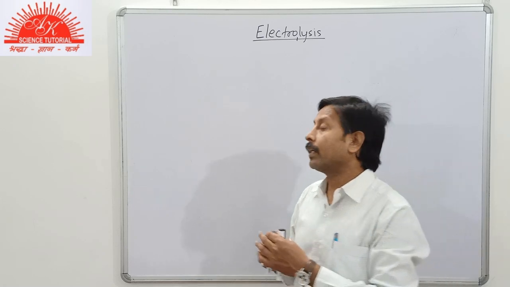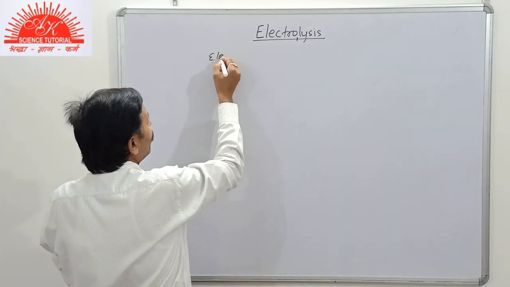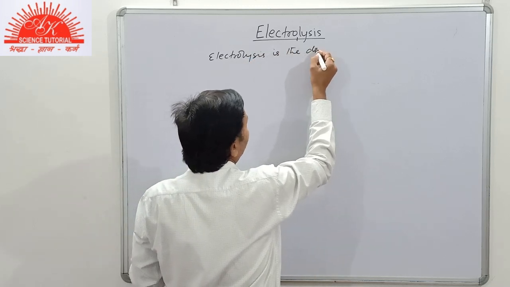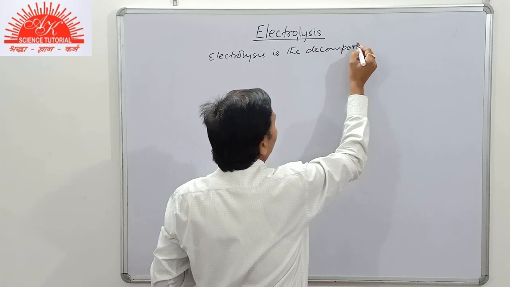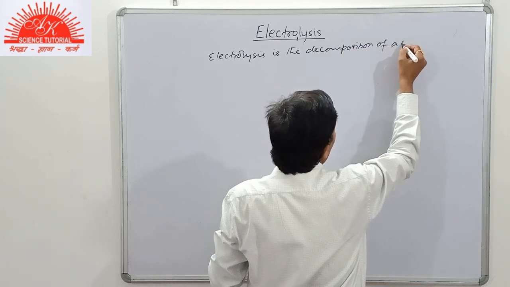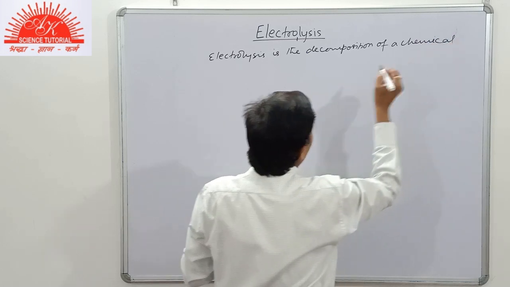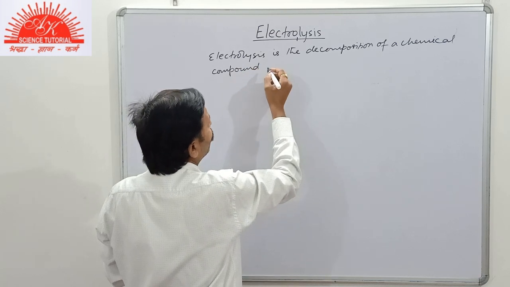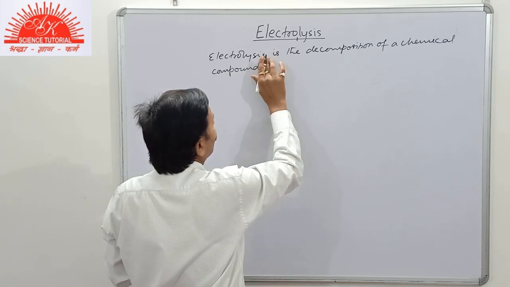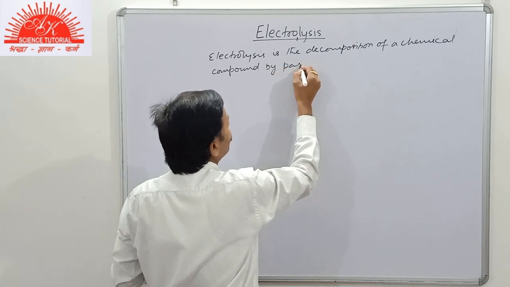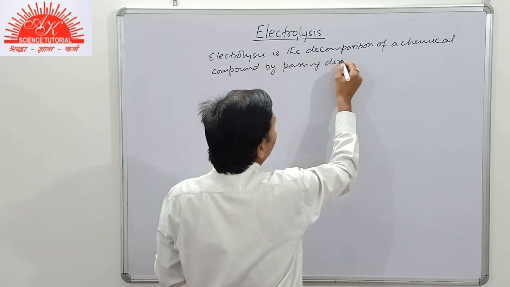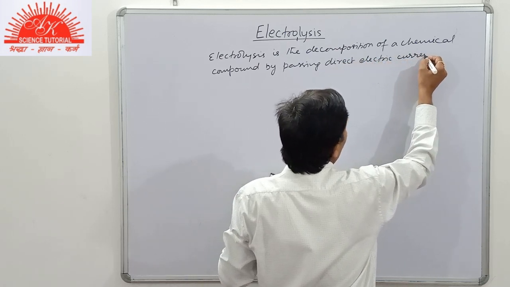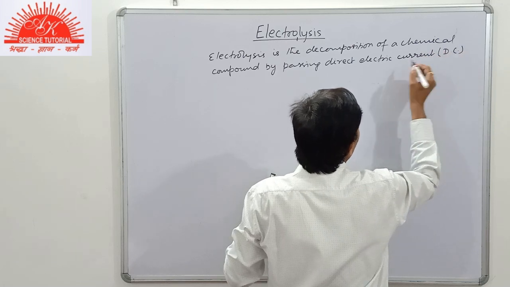So, we can now define that electrolysis is the decomposition of a chemical compound by passing direct electric current, that is, in short we write DC.